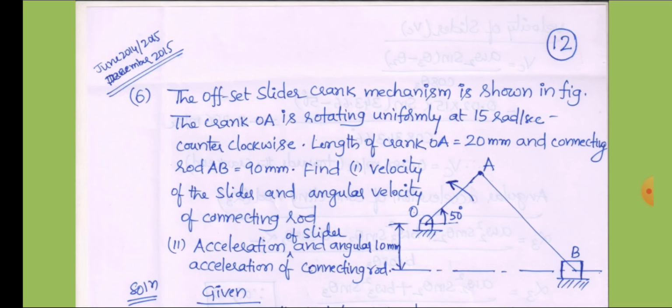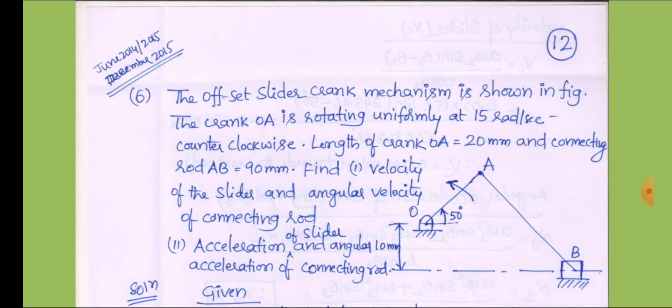Sometimes only the statement is given, or sometimes along with the statement a figure is given. So whether it is going to be given or not, you need to remember, whatever I told while listing the formulas, all the 3 figures. Now if you look at this problem, the offset slider crank mechanism is shown.